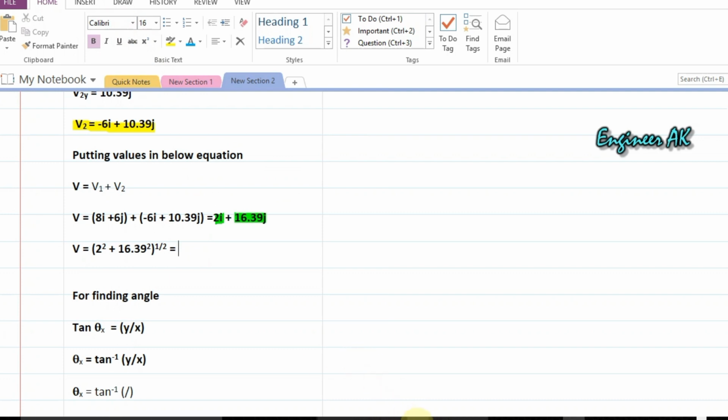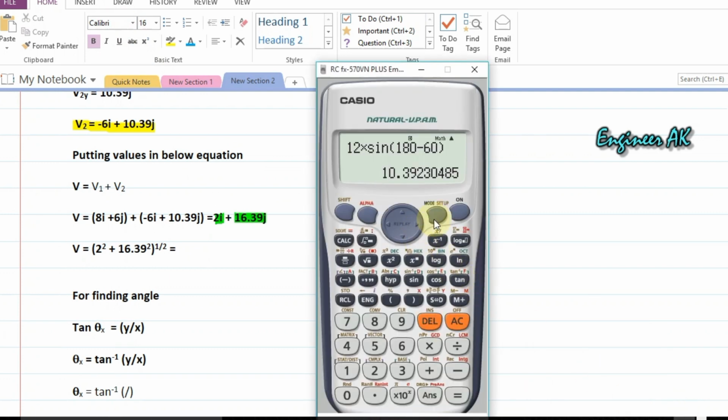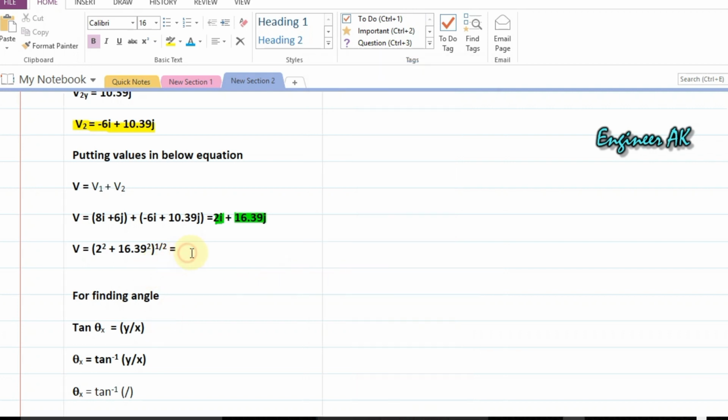So if I plug in these values in calculator, let's see. Under the root 2 square plus 16.39 square, it comes out to be 16.51, right?